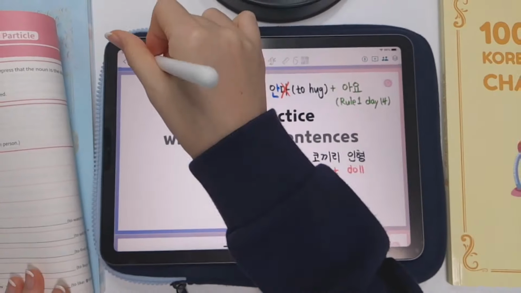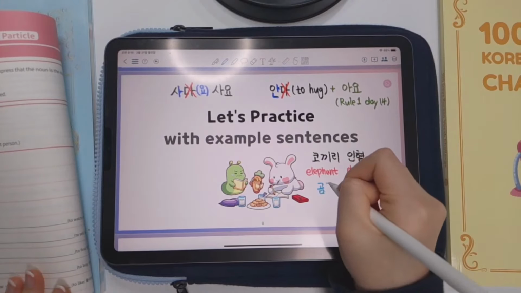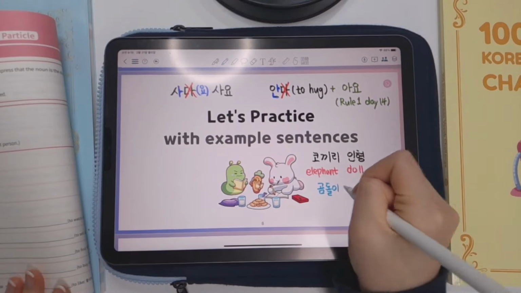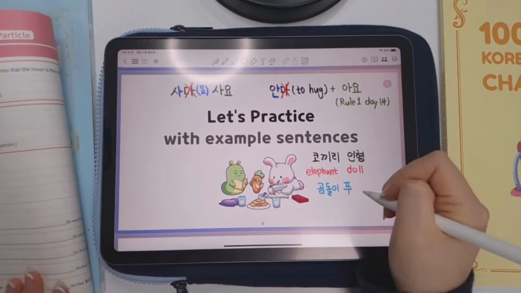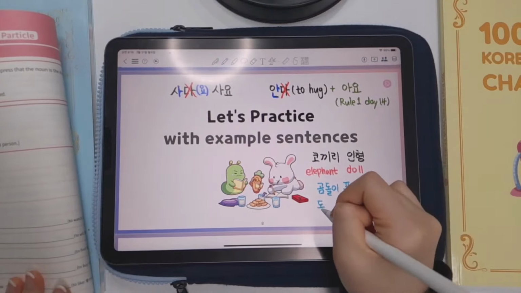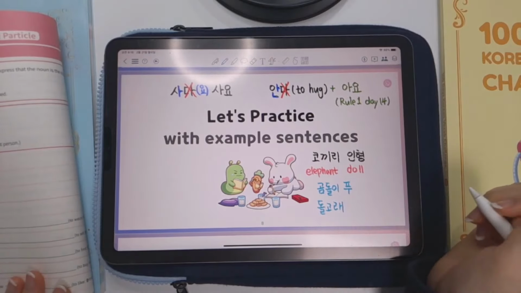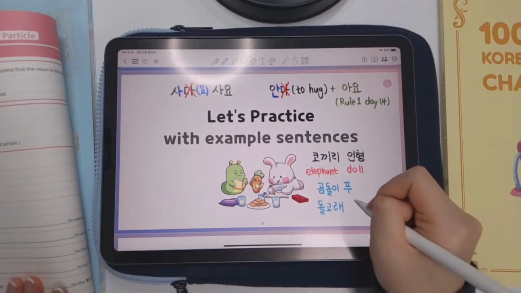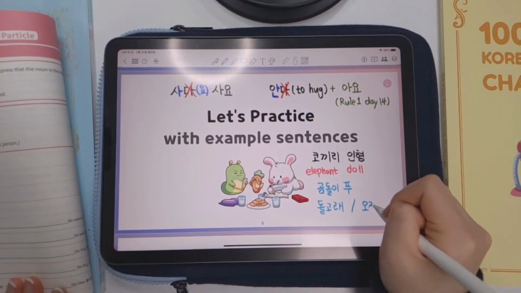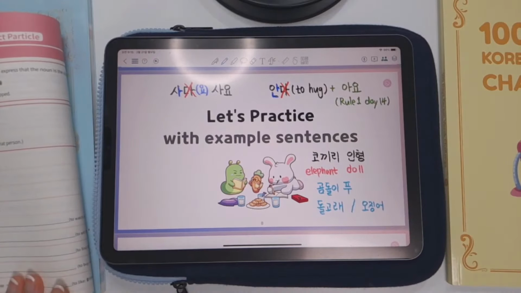In Korean, we say 푸 like 곰돌이 푸. Dolphin 인형. 돌고래 인형. Dolphin is 돌고래. 오징어 인형? Really? Wow, that's interesting. 오징어 인형, squid, right? Like 오징어 game.